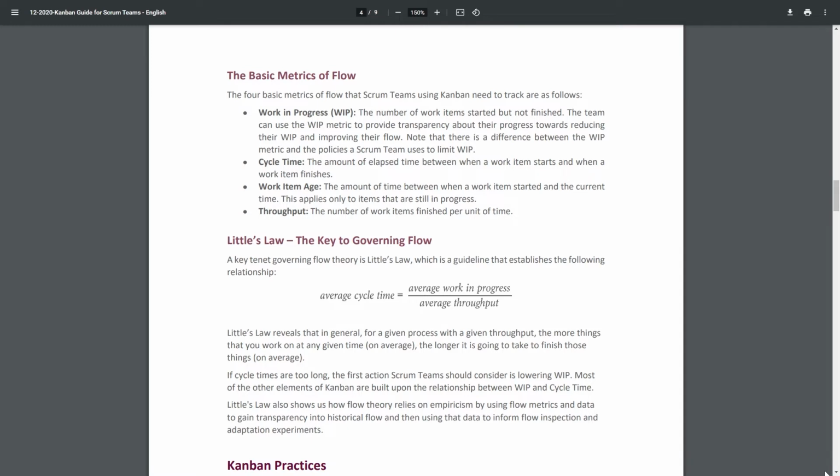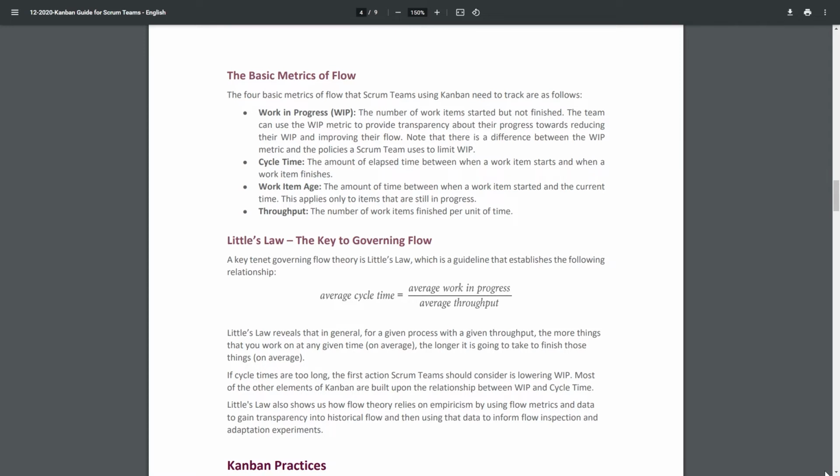Little's Law, the key to governing flow. A key tenet governing flow theory is Little's Law, which is a guideline that established the following relationship. Average cycle time equals average work in progress over average throughput. Little's Law reveals that in general, for a given process with a given throughput, the more things that you work on at any given time, on average, the longer it is going to take to finish those things on average.